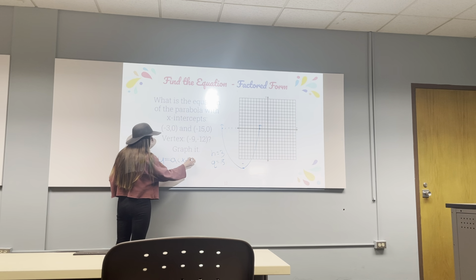-12 is going to be our y. It's equal to a, and then our x, -9. So -9 plus 3, -9 plus 15. All right, that comes out to be -6 times another +6.